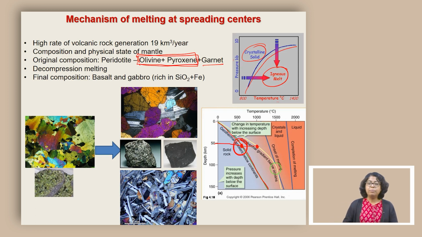So, again, please recall how things melt. When they are melting, the things that will melt first are going to be the silica-rich phase, and therefore the melt phase is going to be rich in silica and a bit of iron, and once it solidifies, it is also going to reflect that.